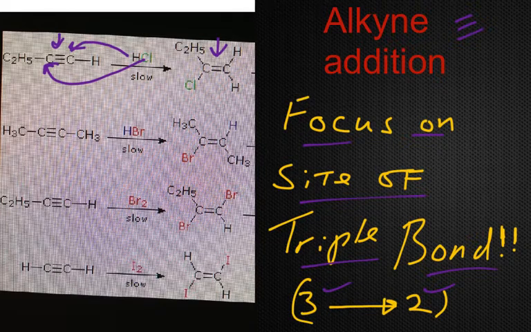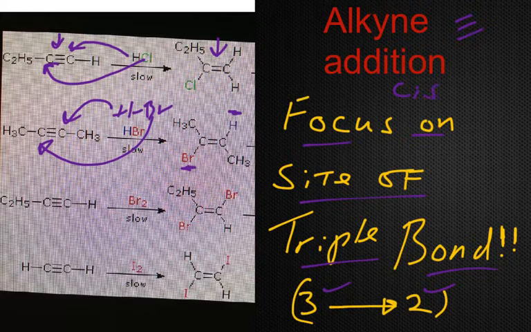For the HBr, the H went here, and the Br went over here. In this diagram, they put the Br on one side and the H on one side. For our purposes, it doesn't matter. When you move on to AP Chem in college, you'll learn about cis and trans conformations, but please don't worry about that right now. That's for later on.